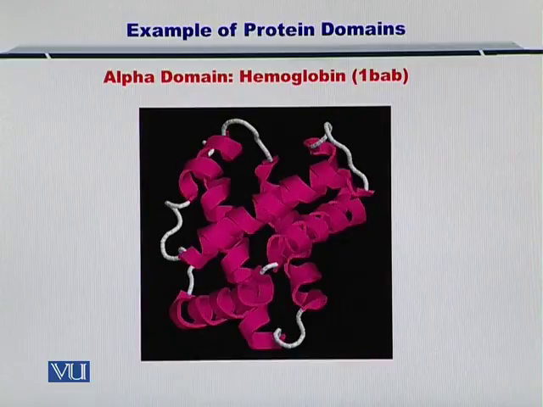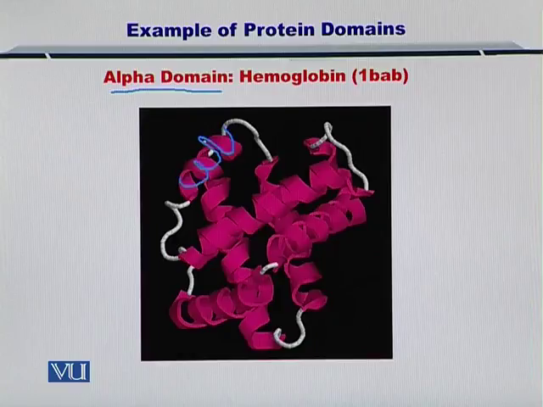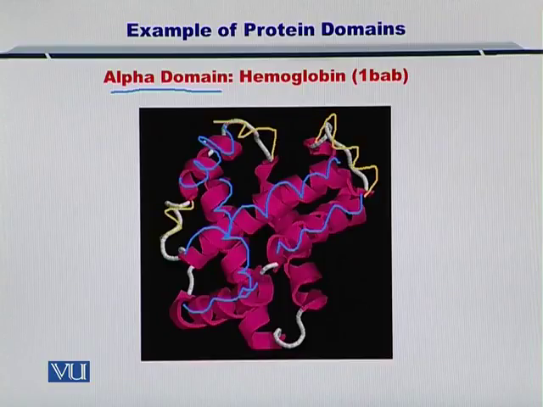So here in this figure is an example of the first type of the domain. So here is the alpha domain. An alpha domain is essentially a lot of alpha helices that have come together with the help of these loops. The loops are shown in green. I'm highlighting some of them for you.